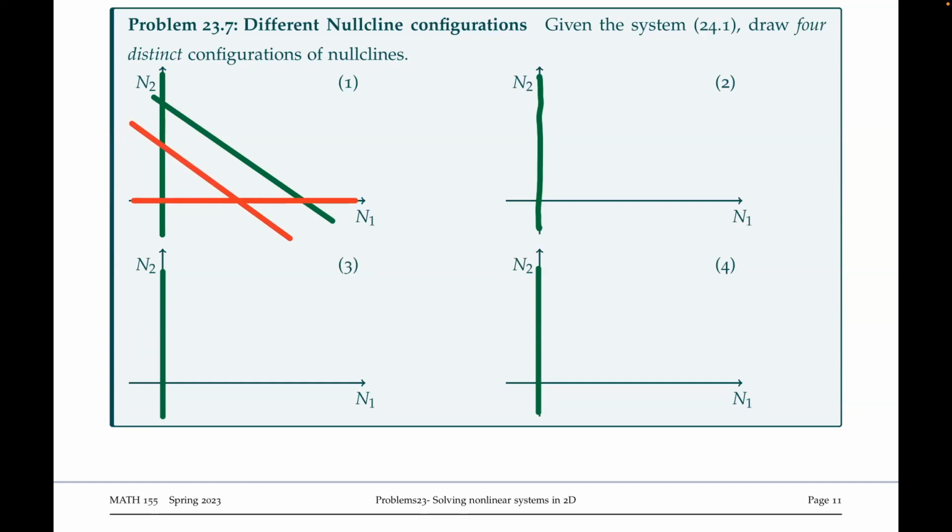So when our null lines were configured in this way, remember we just drew these trajectories, we always ended up going like this. This is a stable node for species 1, right? You'll see this when you calculate your direction field on these null lines. You cross that green one going down, the red one you go to the right. And if you start with positive values of species 1 and species 2, species 1 excludes species 2.